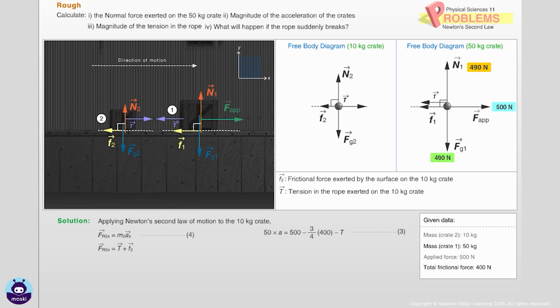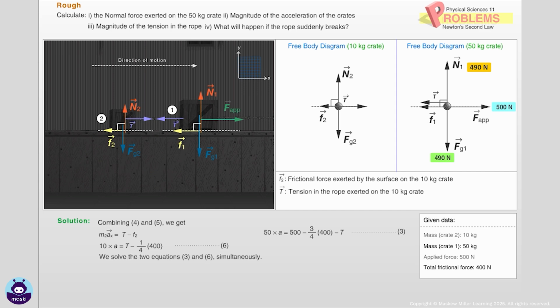Taking the direction towards the right as positive, we get Fr2x equals T minus F2. Combining 4 and 5, we get m2 ax equals T minus F2. Substituting the values, we get 10 times A equals T minus 1 over 4 times 400.